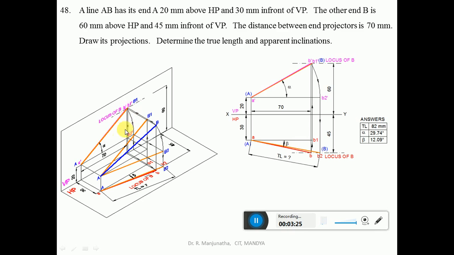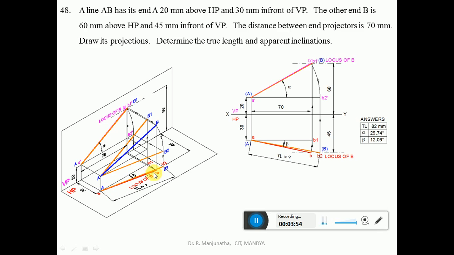Similarly, the distance between the end projectors in the top view is 70 mm. From here you measure a distance of 70 mm and draw a vertical line such that it cuts the locus of B in the top view, and you mark that point as small b. Then join A dash to B dash with a dark line, and also a to b with a dark line.